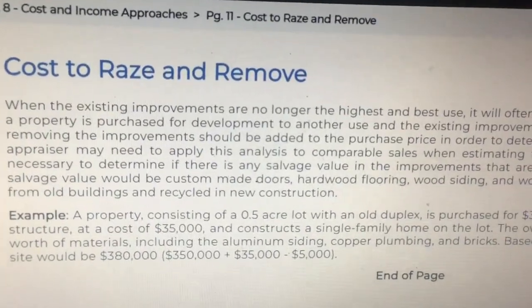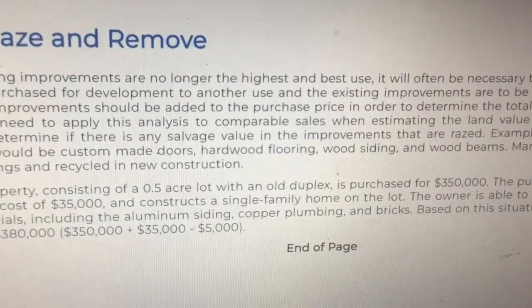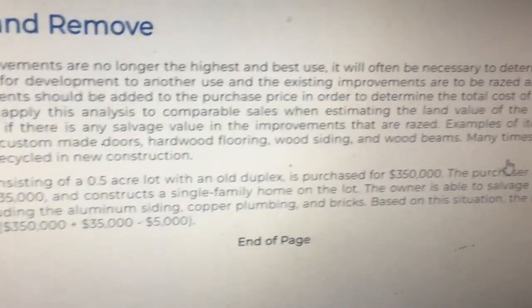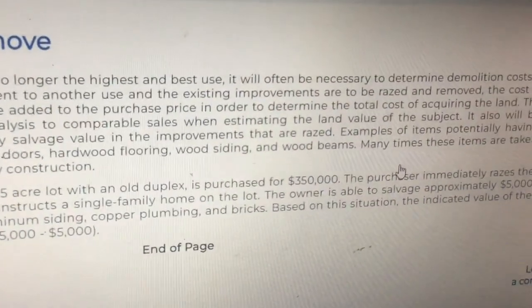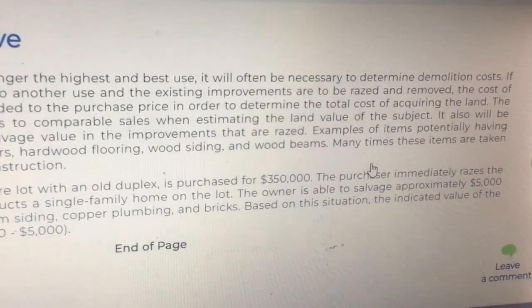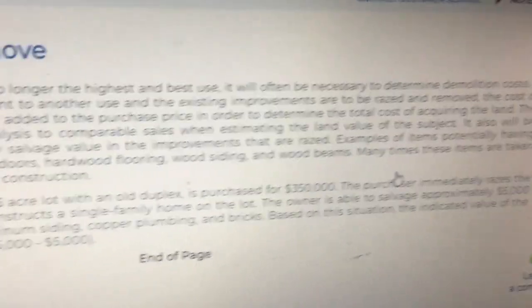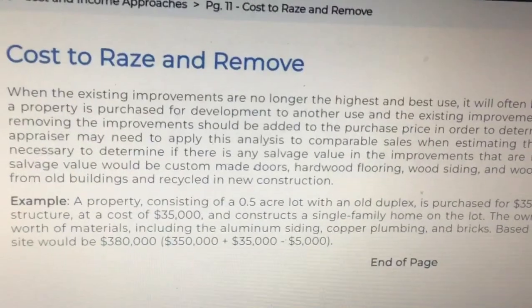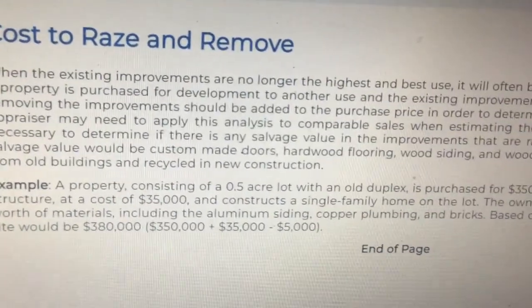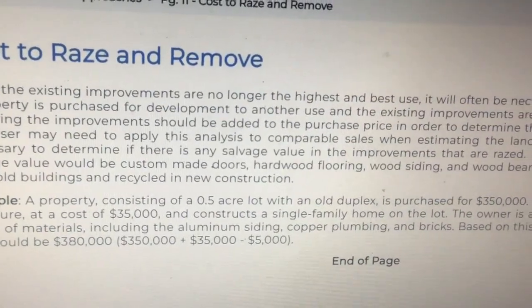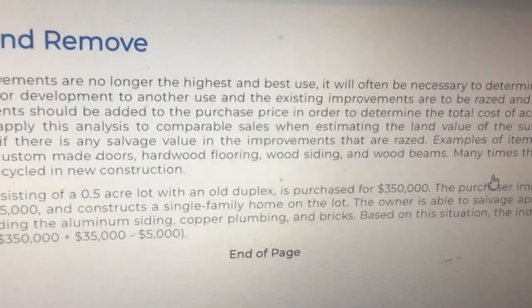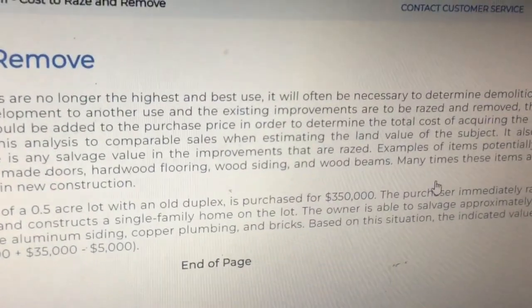The appraiser may need to apply this analysis to comparable sales when estimating the land value of the subject. It also will be necessary to determine if there is any salvage value in the improvements that are raised.